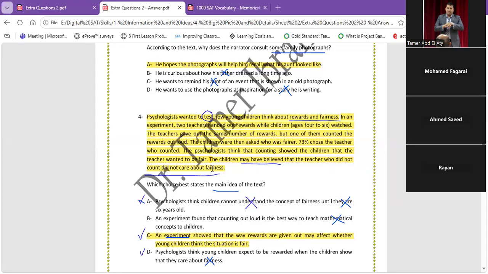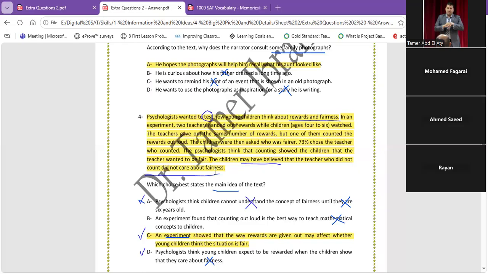So now we have an experiment the psychologists made to see how young children think about rewards and fairness. The result is that the children believed that the teacher who didn't count didn't care about fairness.